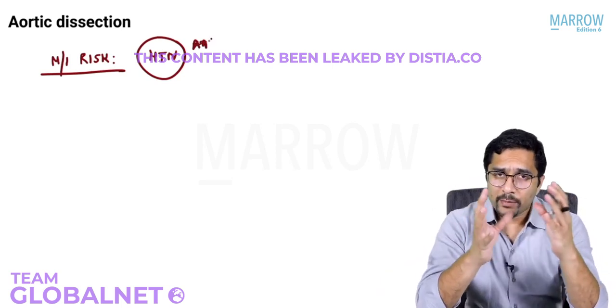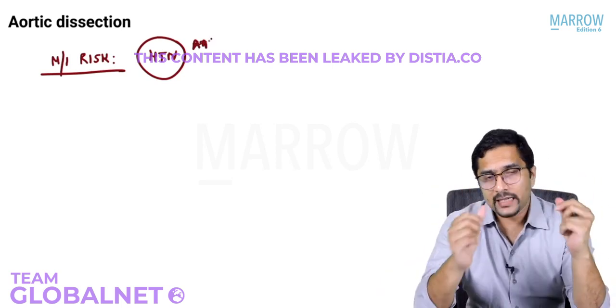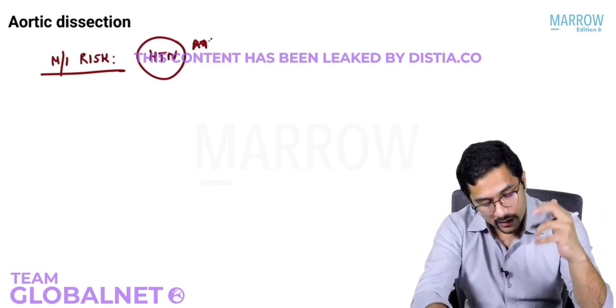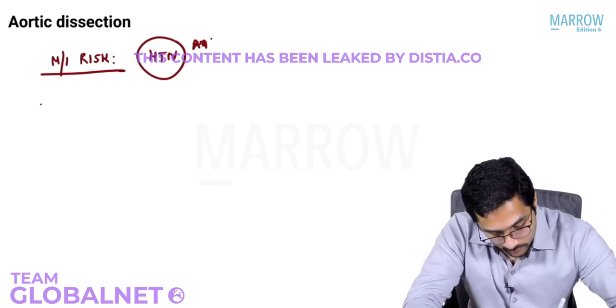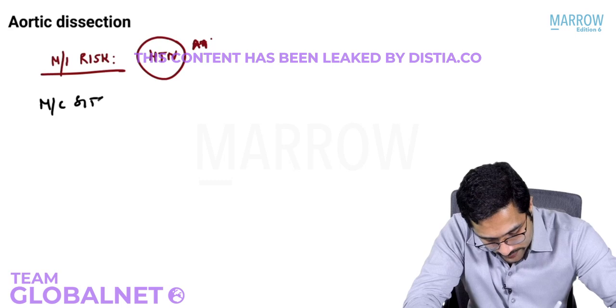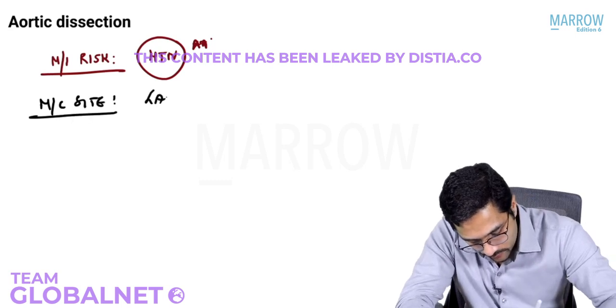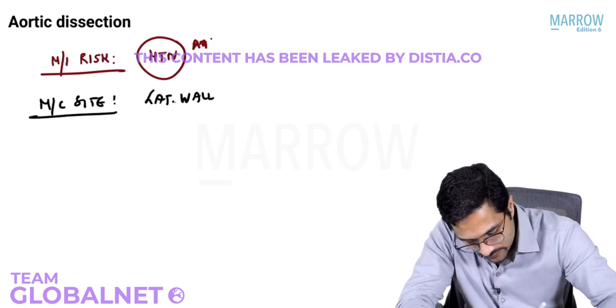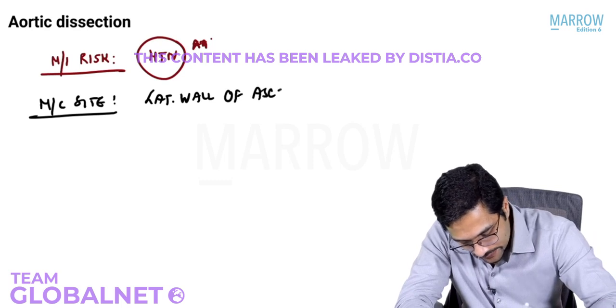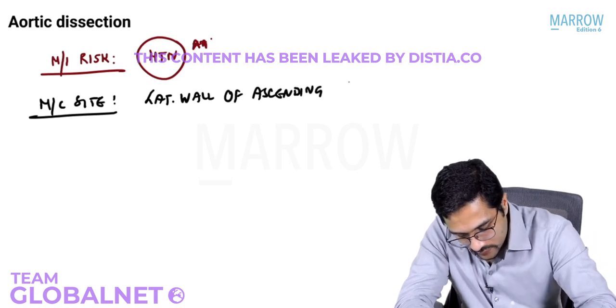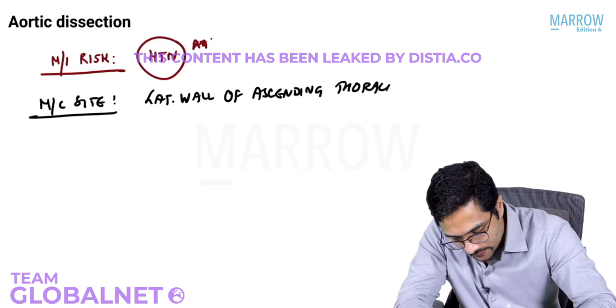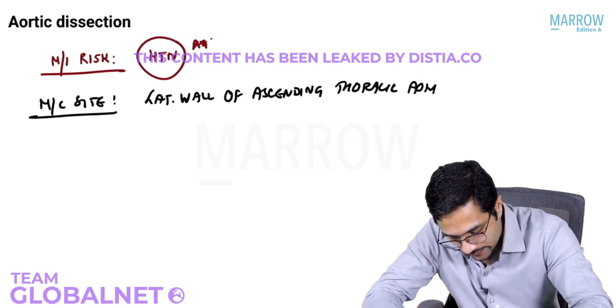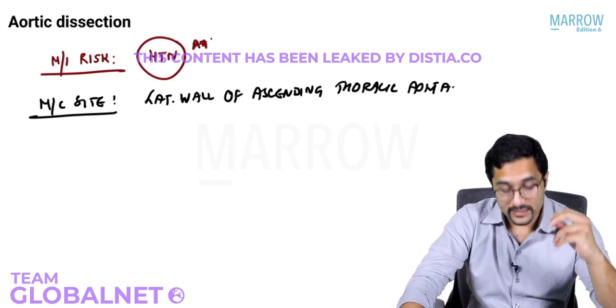Because of hypertension, the intima splits, and now blood is flowing between the intima and the media. The most common site for aortic dissection is the lateral wall of the ascending thoracic aorta.